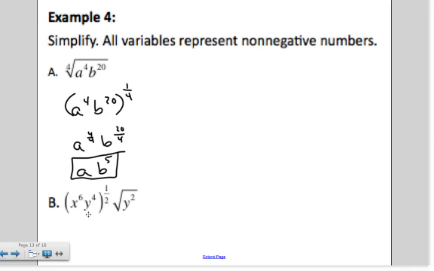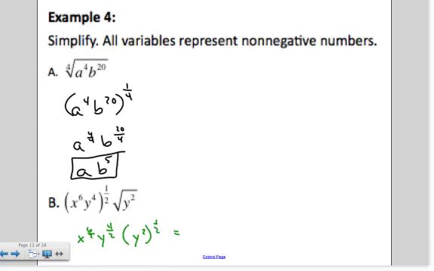I like that. All right, here we're going to raise each of our bases to that power since we're multiplying in the middle. So I've got x to the 6th over 2, y to the 4th over 2. And here I'm going to write it as y squared to the 1/2.